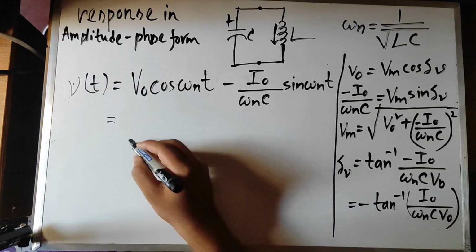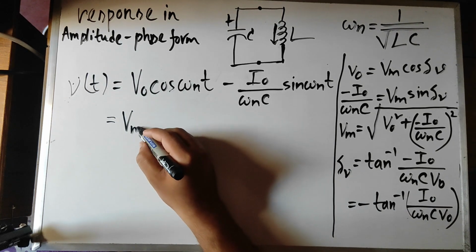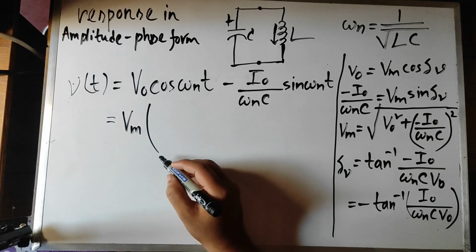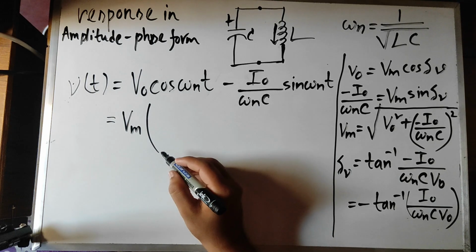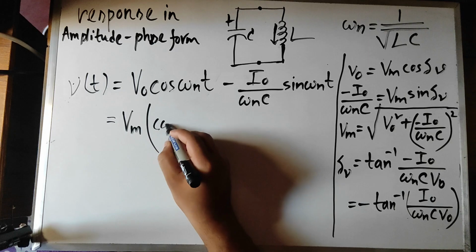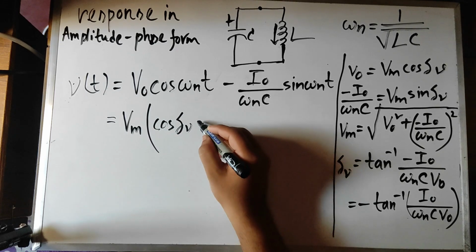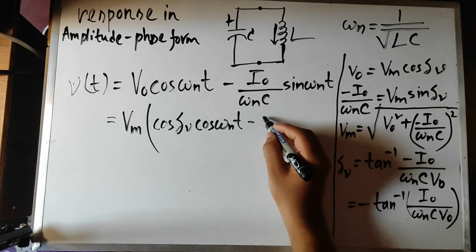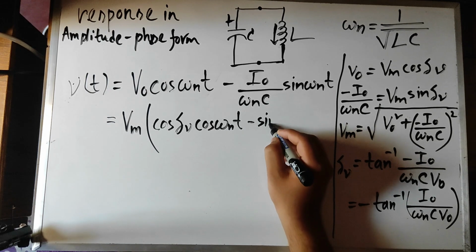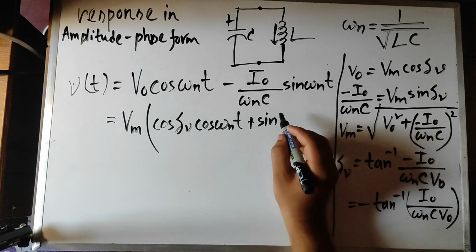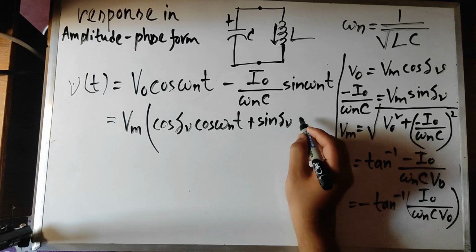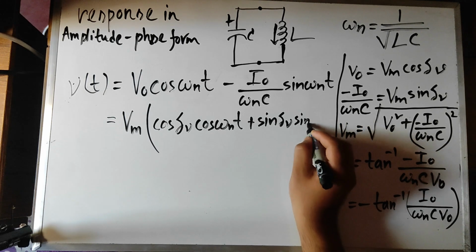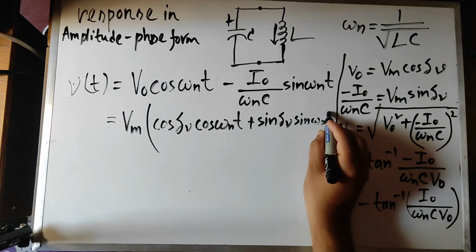Let us write the form. So Vm, take the common Vm out: cos delta V cos omega n t minus, sorry, this will be plus sin delta V sin omega n t.